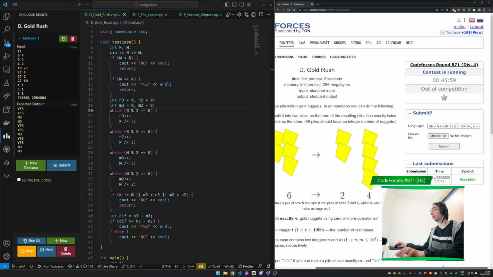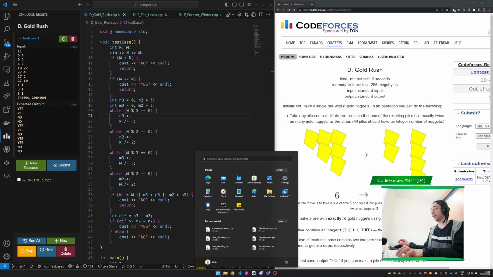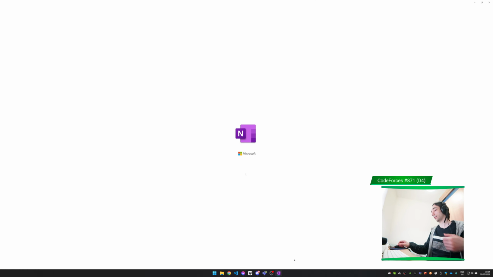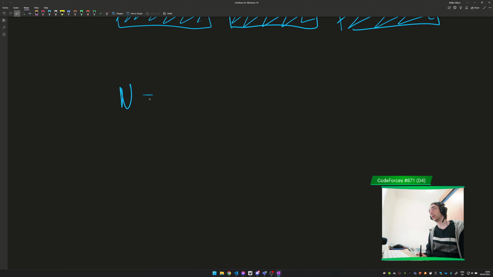What I saw here is that any number can be written with its prime factorization. So some number, let's say n, can be written as 2 to some power, times 3 to some other power, times 5 to some other power, and so on.